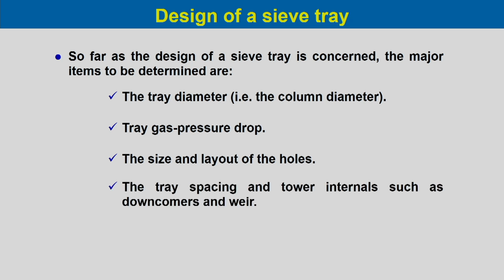The tray spacing and tower internals such as downcomers and weir, and tray efficiency. All this we will discuss briefly in this lecture, but mostly the detailed design of plate columns or sieve trays is available in your design course, or you will learn it in future. So, we will just briefly highlight to give the basic understanding of sieve tray design.